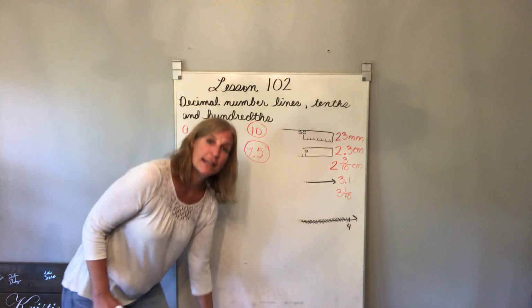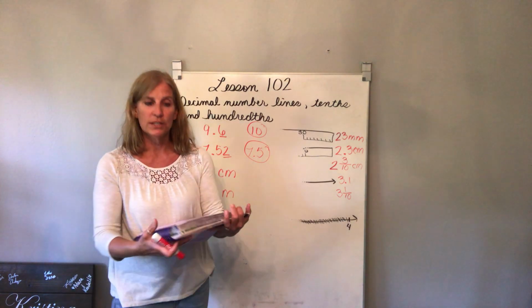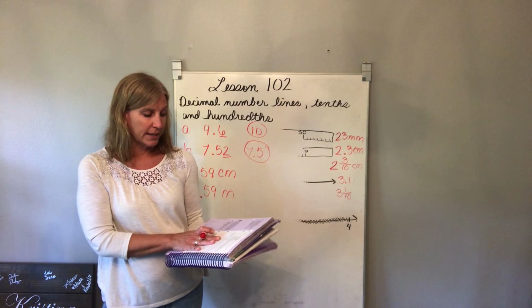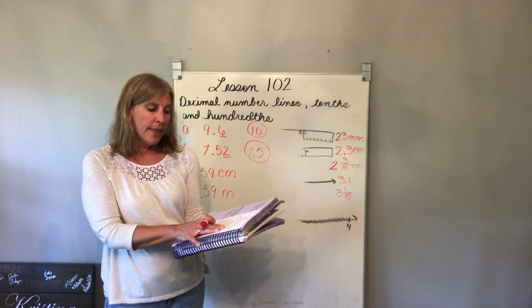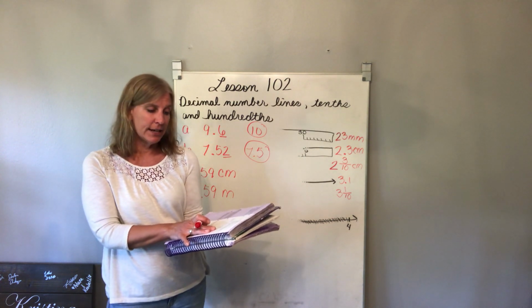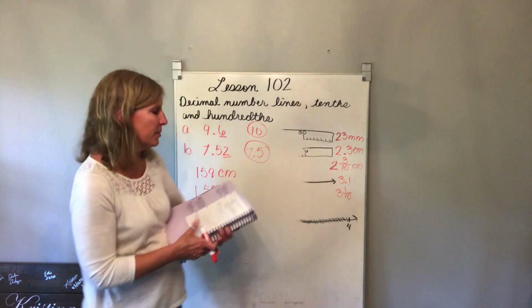Let's look at the practice set in the lesson practice, and then I'm going to let you guys go and get right into your written practice. Look at A. Julie jumped over a bar that was 167 centimeters high. How many meters high was the bar?